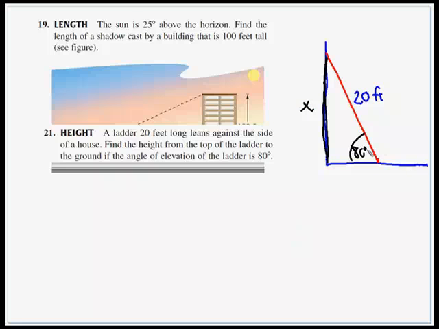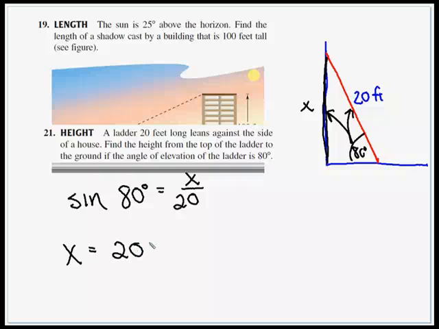From our 80-degree angle, we want the opposite, and we have the hypotenuse. That means we have to use sine. The sine of the 80-degree angle is opposite x over hypotenuse 20. If we solve for x, we multiply both sides by 20. x equals 20 times the sine of 80 degrees. We get that value, times 20, and x is approximately 19.7 feet.